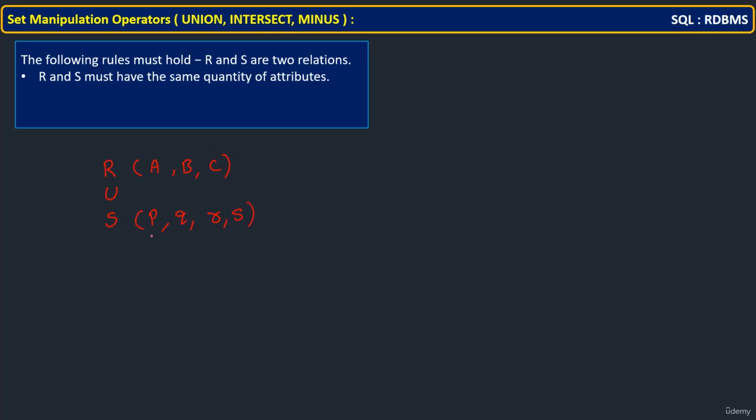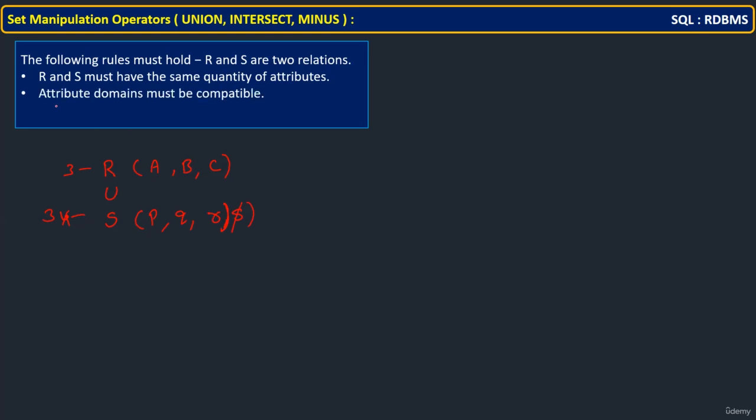Here you have 3, but here you have 4. That is what he is saying: both must have the same number. If I remove one, only 3 attributes we have. So that is the first rule.